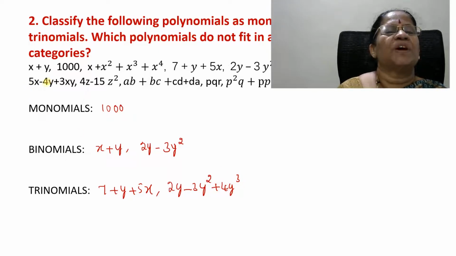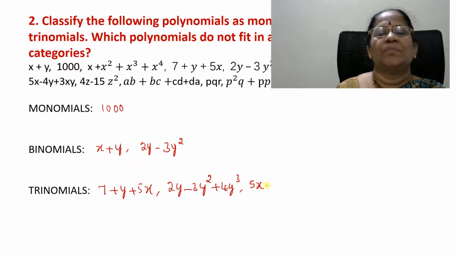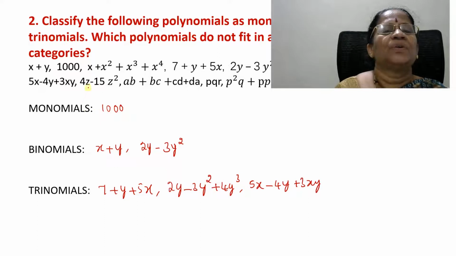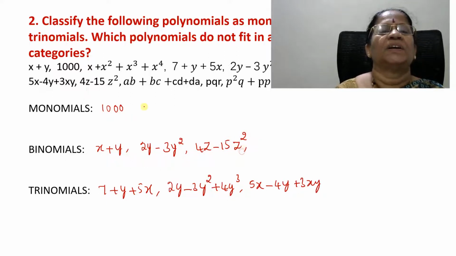Then 5x minus 4y plus 3xy is a trinomial. 4z minus 15z square is a binomial.